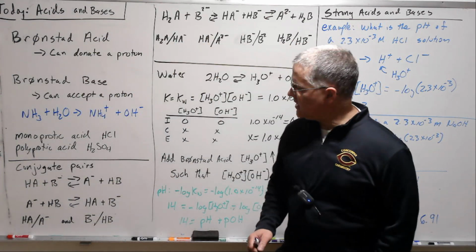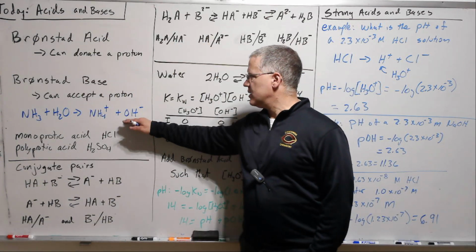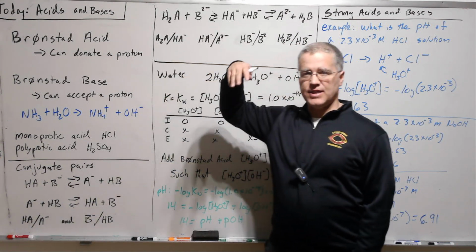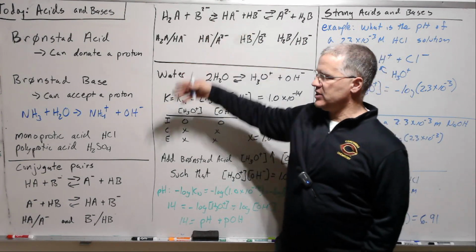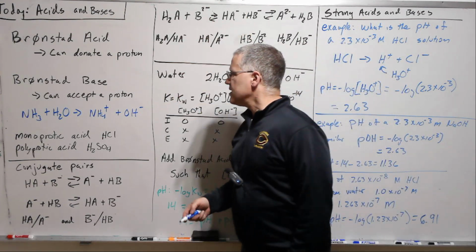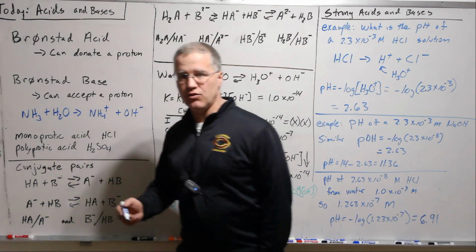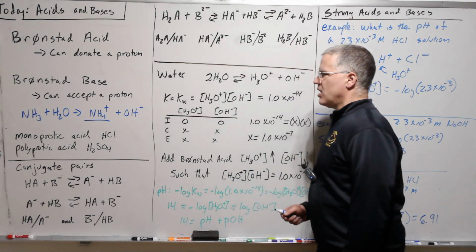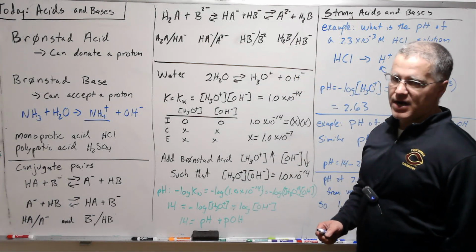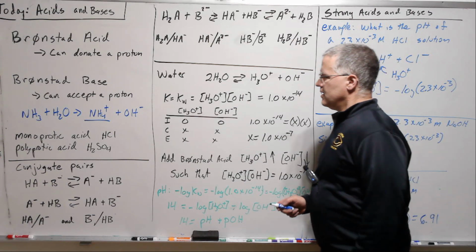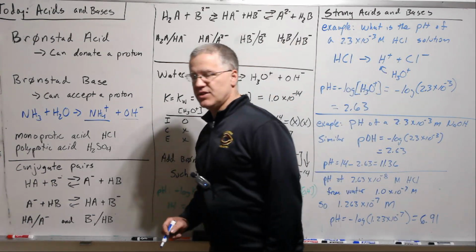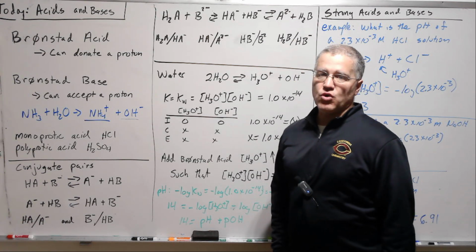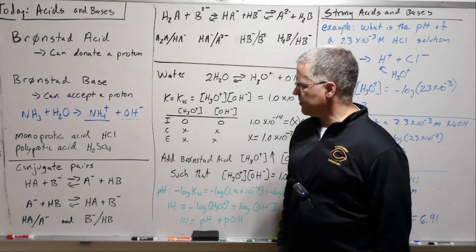And so it has raised the concentration of OH-, so that's a base. We talked about that earlier. If the concentration of OH- raises, then it's a base. And this did it not by producing OH- directly, but by stealing one of the H's from the water and forming ammonium ion and then the OH-, and this results in a base. So ammonia is an example of a Brønsted base and not an electrolytic base.